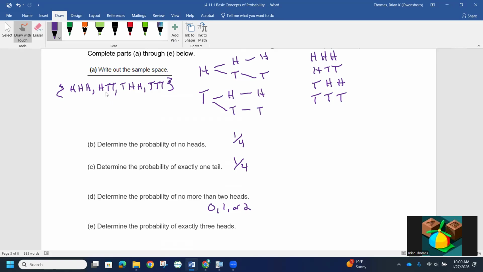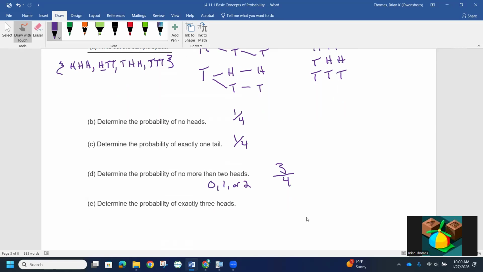But this one has 1 head, this one has 2 heads, and this one has no heads. So we do have 3 favorable outcomes out of 4. So 3 out of 4 would produce that. Notice how again we have to list our favorable outcomes here. We have 3 favorable outcomes out of 4 outcomes altogether.